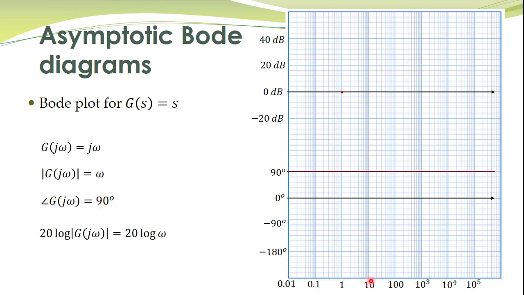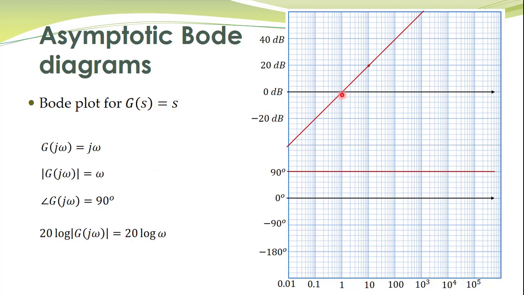And what is the magnitude for frequency equal to 10? Log of 10 is 1, and 1 multiplied by 20 is 20. So 20 dBs. For this frequency the magnitude is 20 dBs, and this straight line graph is the magnitude plot, the magnitude frequency response of this particular system.